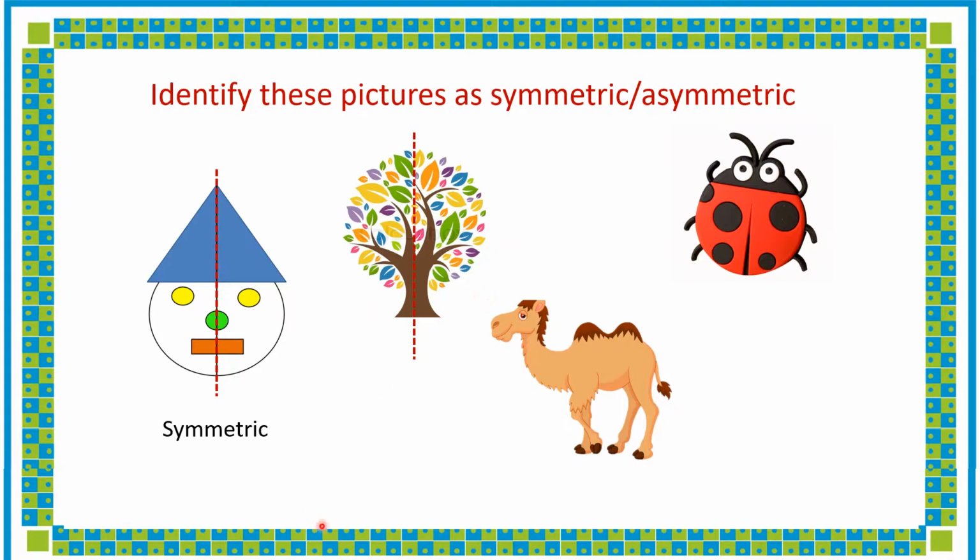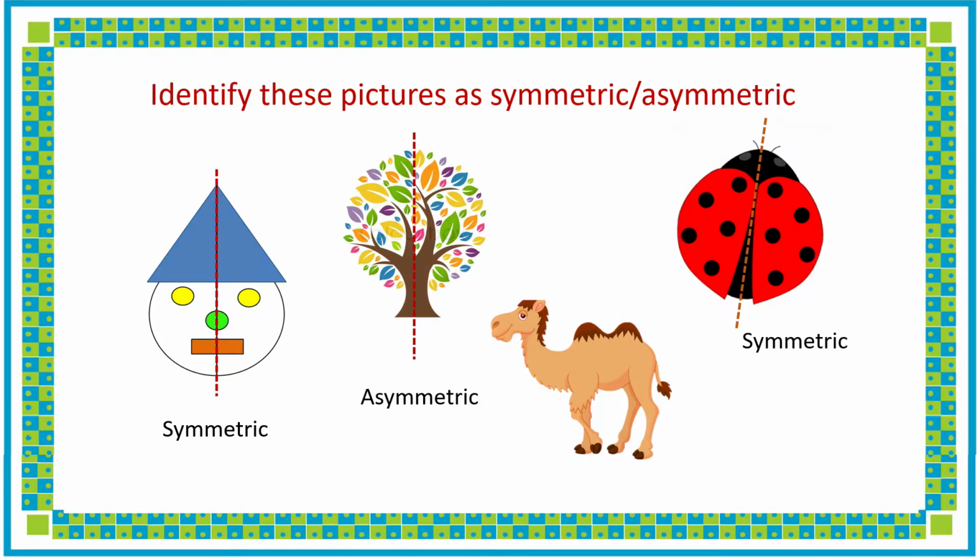They look different. So we'll call the tree asymmetric. In the ladybug, both sides are exactly the same. So it is symmetric. For the camel, if we draw a line in the middle, then both parts are not exactly the same. So we say this is asymmetric.